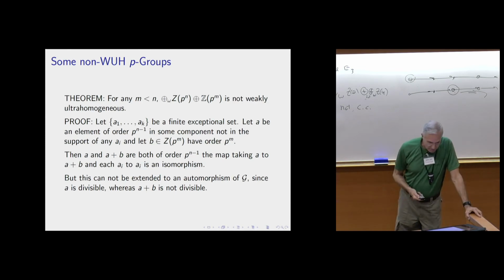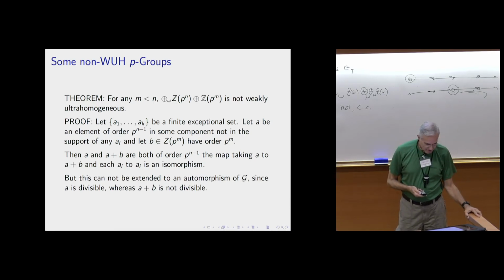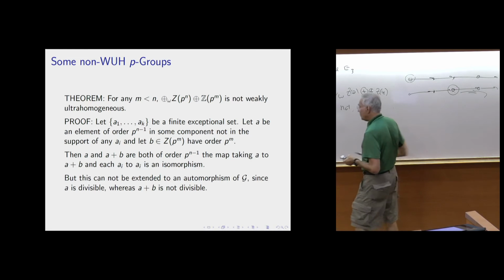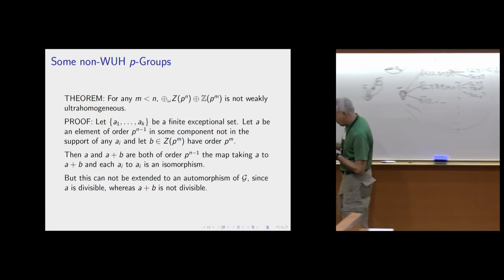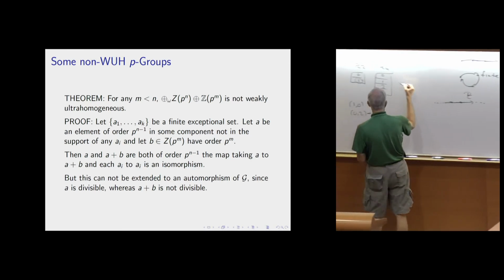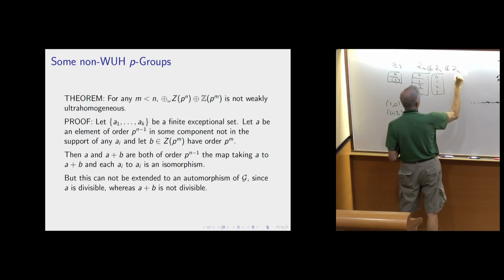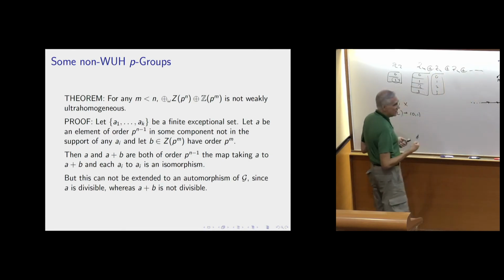But the surprising result here is that if you have infinitely many of the larger size and even one of the smaller size, this fails to be weakly ultrahomogeneous. It's kind of the same example. Now you have lots of these, but only one of these.